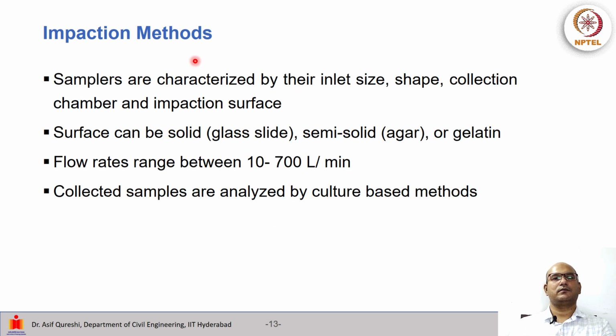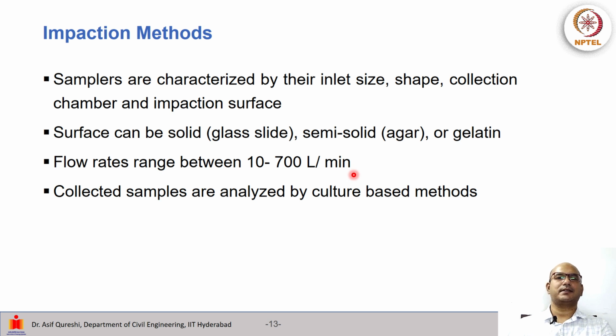Samplers which rely on impaction methods are often characterized by their inlet sizes, their shapes, collection chamber and the impaction surface. Now these surfaces can be solid, like a glass slide, or semi-solid, which is the agar medium, or gelatinous. The flow rates used in such impaction devices are generally 10 to 700 liters per minute.